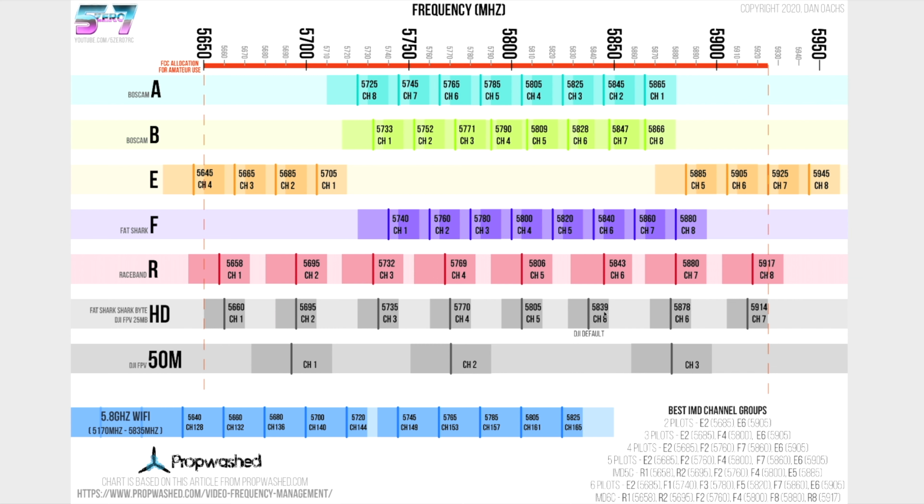And I think that this is because these 4 channels in the middle, 3, 4, 5, and 8, are spaced out equally within the license-free ISM band of 5.8 gigahertz, and that these are the 4 channels that are FCC Part 15 certified for the DJI system, which means that you can fly DJI on these channels without needing a ham license.